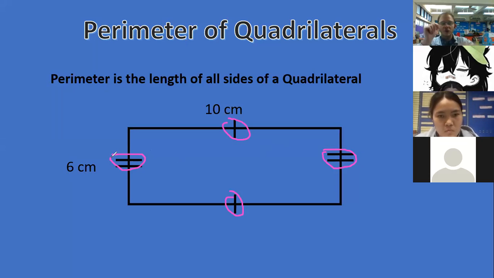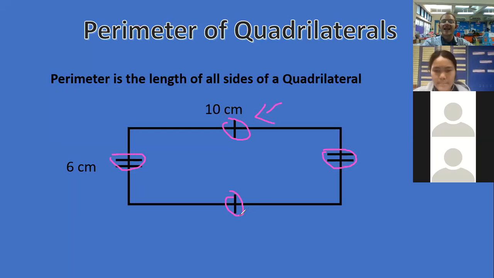Now on the top, you can see here, it's 10 centimeters for the one line. Now I draw the same line over here. What does that mean? In mathematics, it means that the top line and the bottom line are the same length. So if this one over here is 10 centimeters, then the length of this line here will also be 10 centimeters.